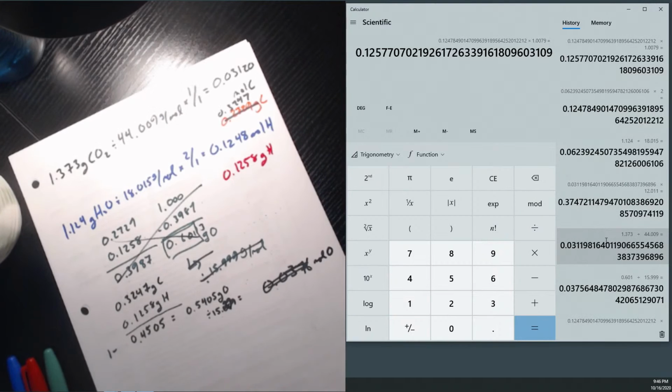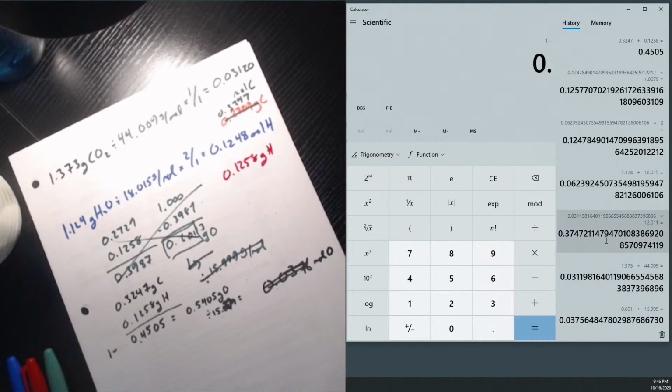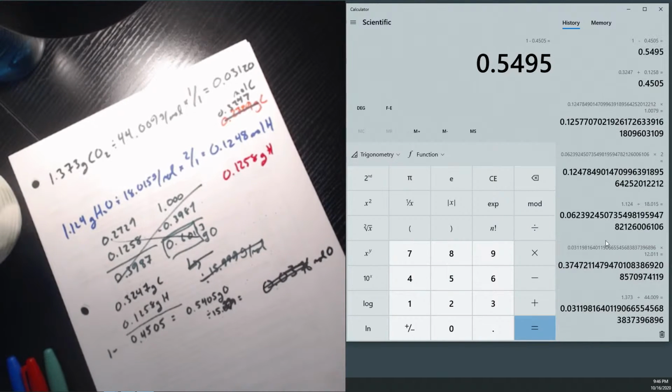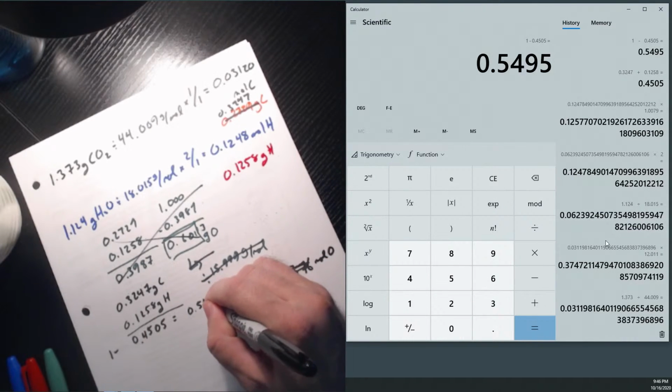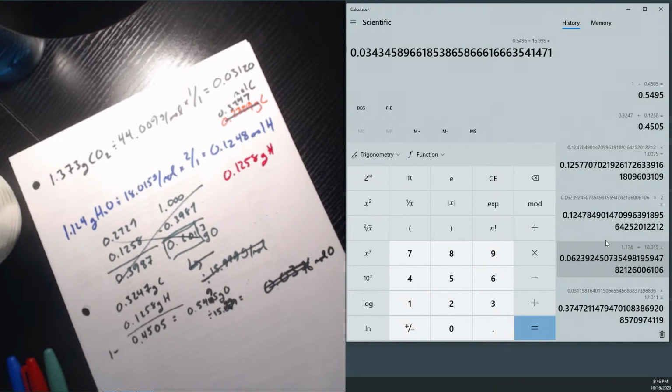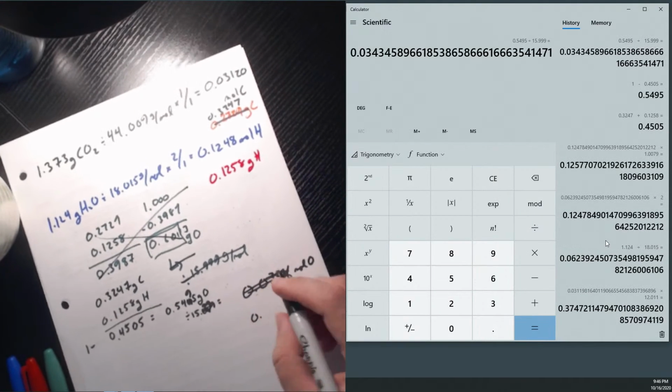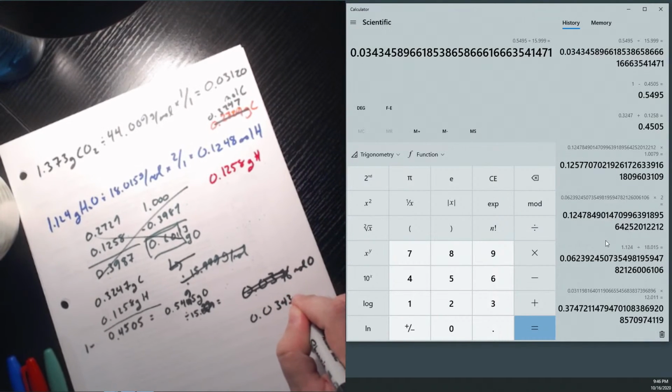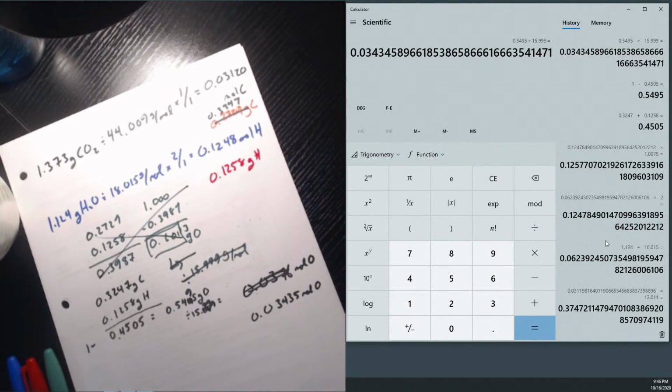That's going to give us... see, that's why it's important to check. I'm screwing up my math all over the place. 0.03435 moles of oxygen. That still seems weird. What is our moles of CO2?